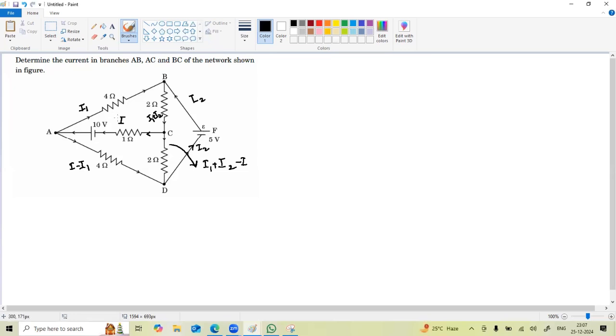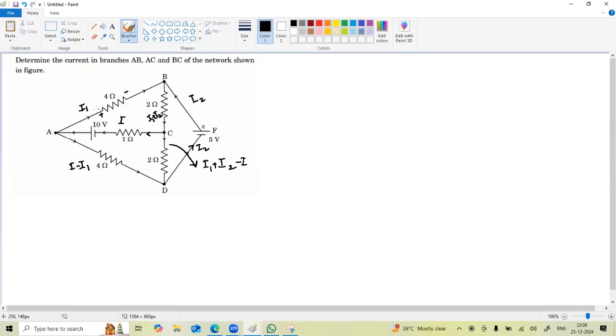When you apply the loop rule, you take the potential across a resistor as positive or negative as per the current direction. There are different conventions. One convention: you mark the current entering a resistor as plus, leaving as minus. Current flows from higher to lower potential across the resistor.